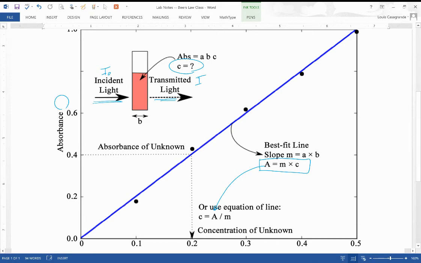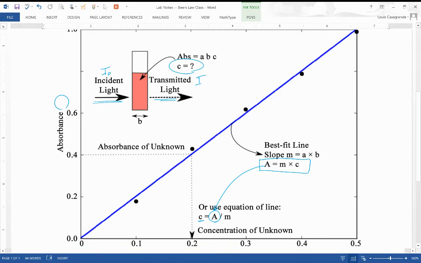If you know the absorbance of a solution of the same chemical, then you can calculate c using A divided by m, the slope of the line. You get the concentration of the unknown.